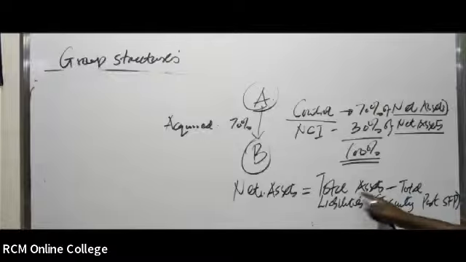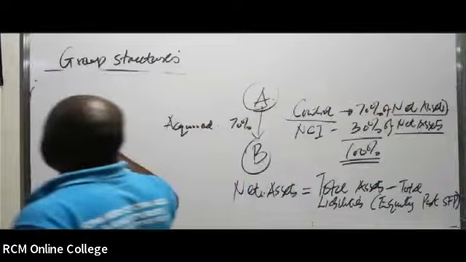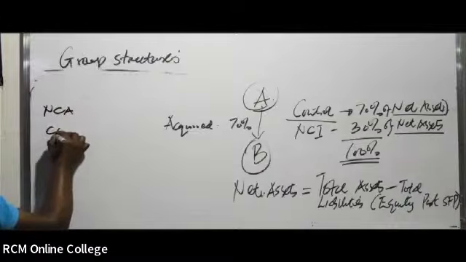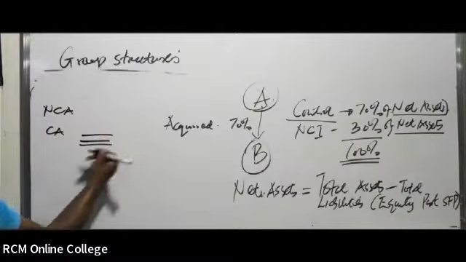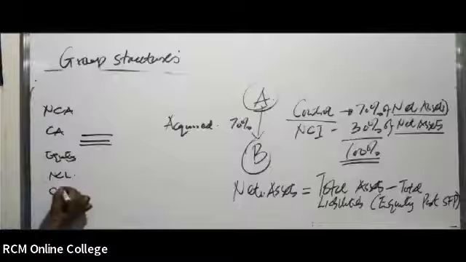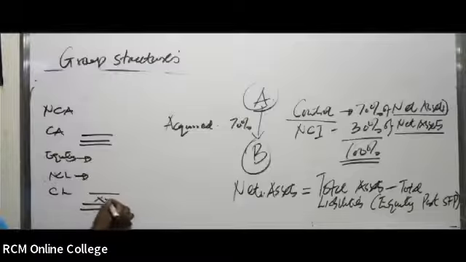So you talk about total assets minus total liabilities. Because how do you present the balance sheet? We say non-current assets, then current assets, we close. Then we say equity. Then we say non-current liabilities, then current liabilities, then we close. So they should balance.